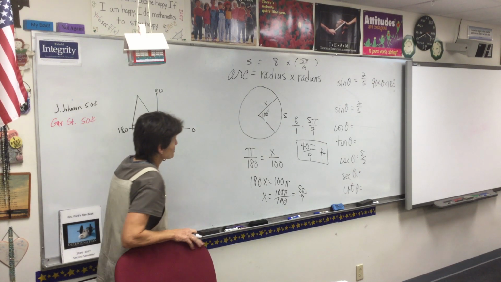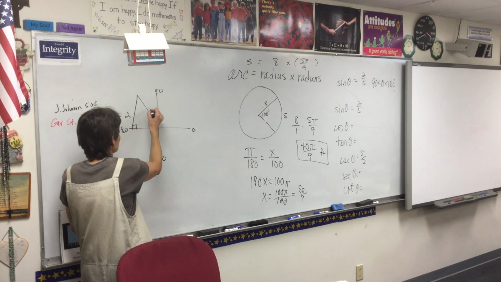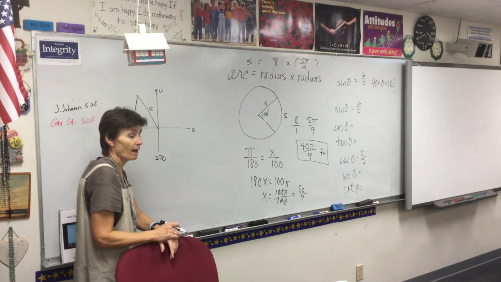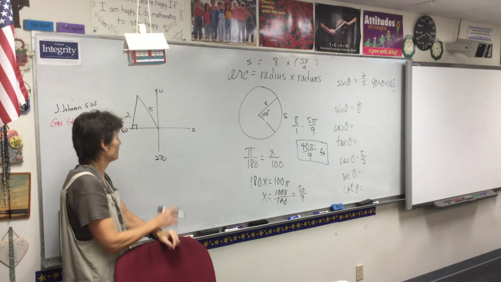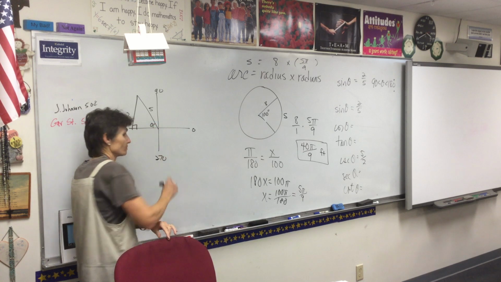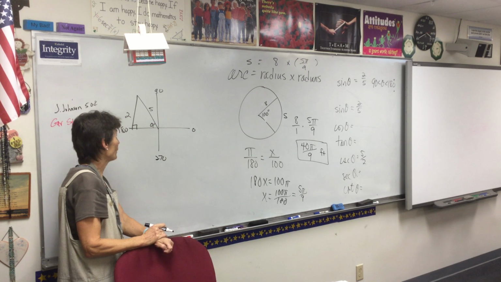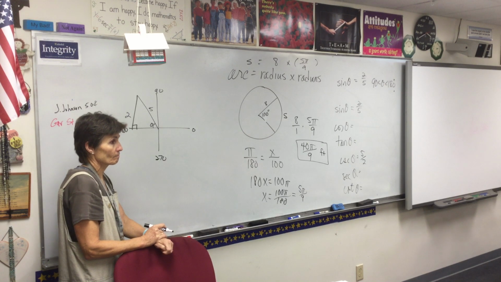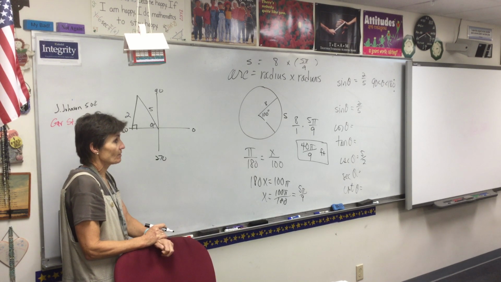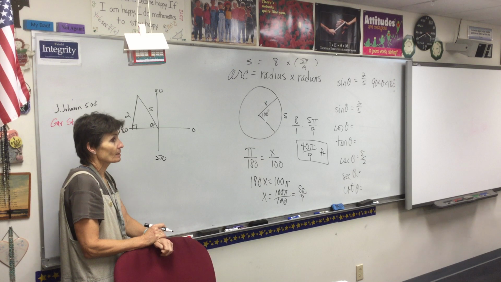So the sine is 2/5, opposite over hypotenuse. Here's your angle. So now what do I need to do? Pythagorean theorem, right?